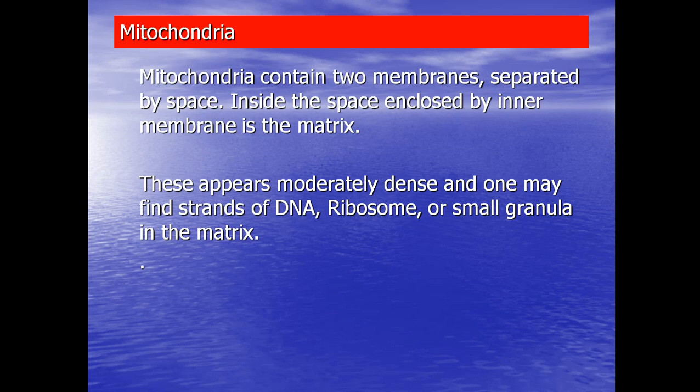The very interesting fact here is the presence of DNA, because DNA being the nucleic acid, we always think it is inside the nucleus. But the mitochondria have their own DNA, which is mostly circular.